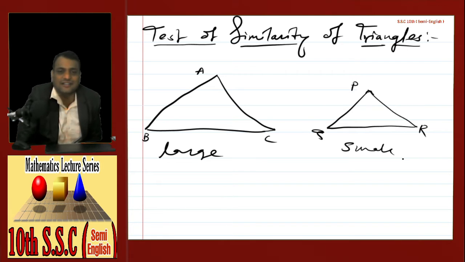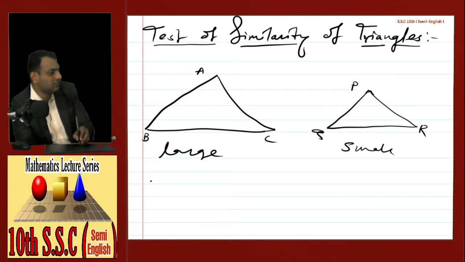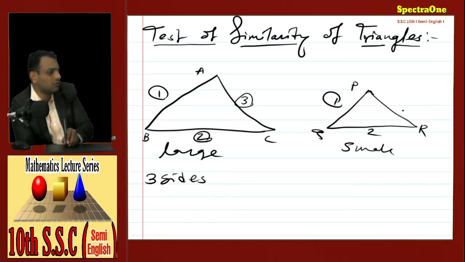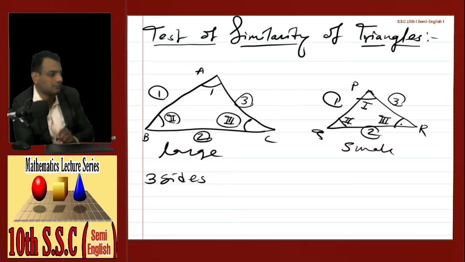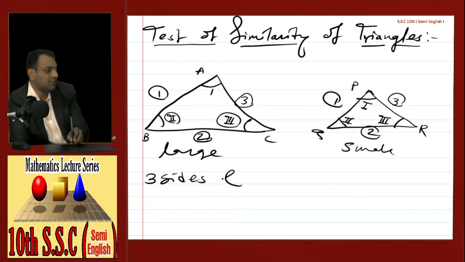When we discuss a triangle, there are three sides: first, second, and third. Similarly for this triangle also. There are three angles: angle first, angle second, angle third. Similarly, here also.